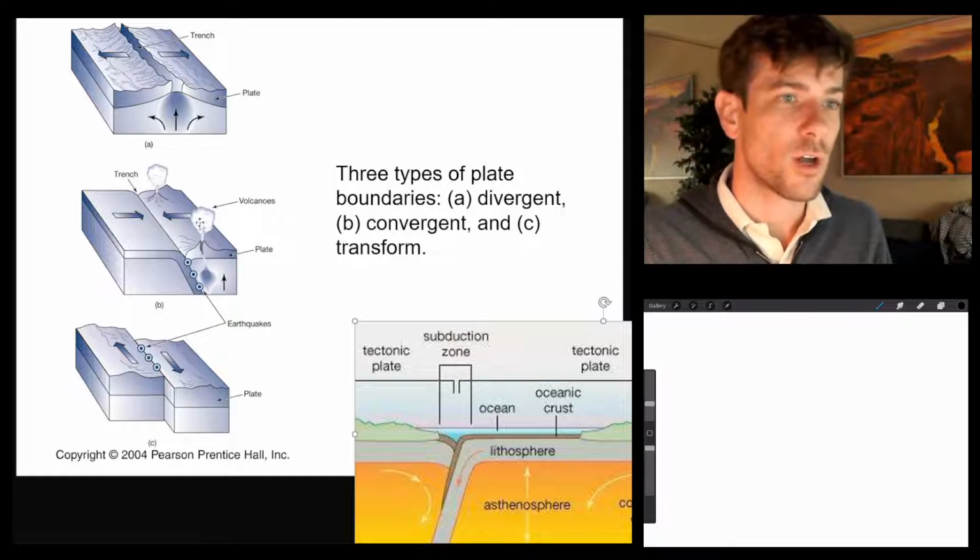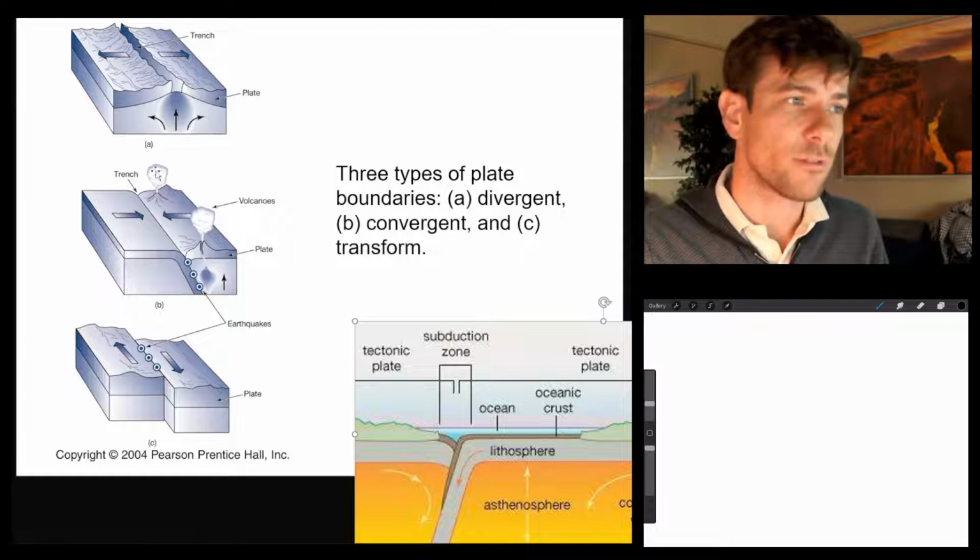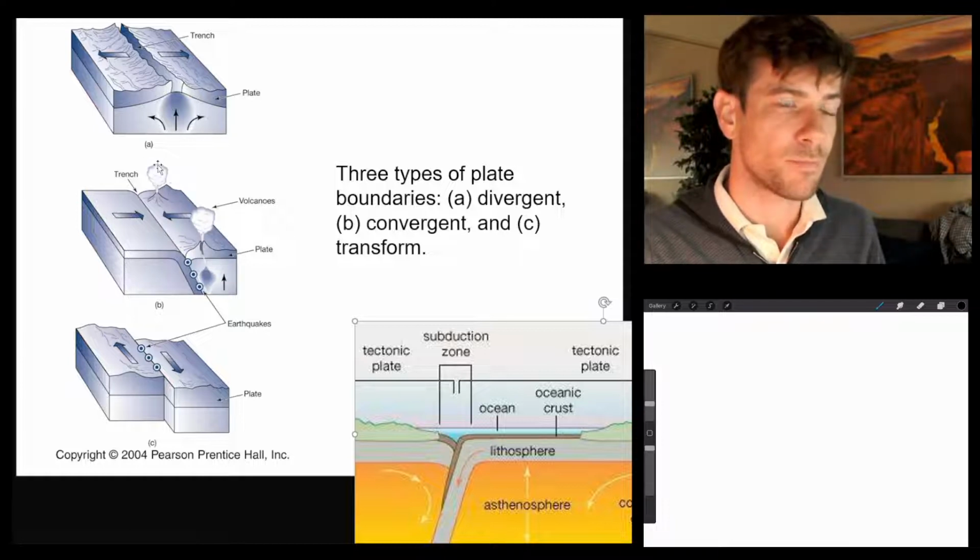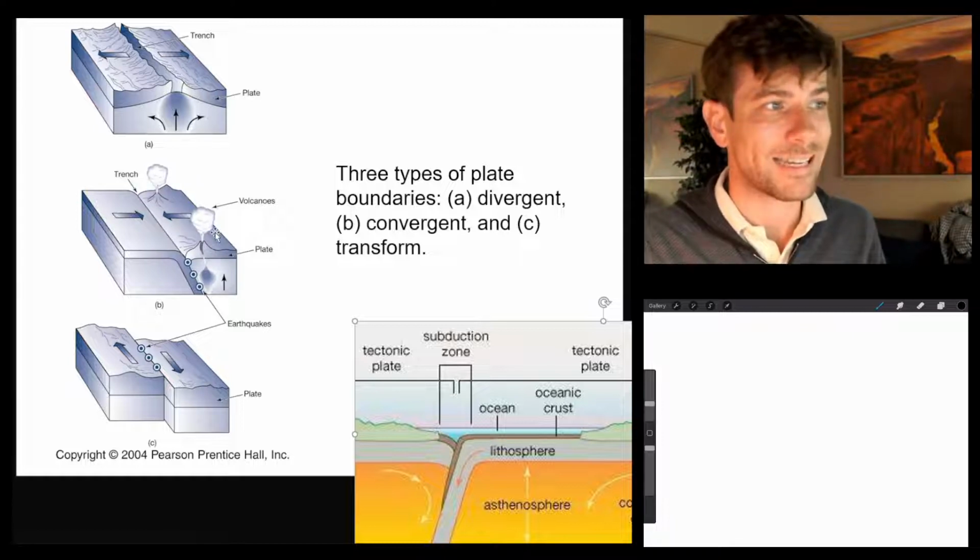And so with subduction, there's always this string of volcanoes or volcanism, magmatism, that exists parallel to the trench, just kind of behind it.